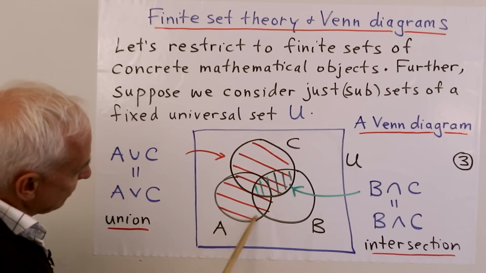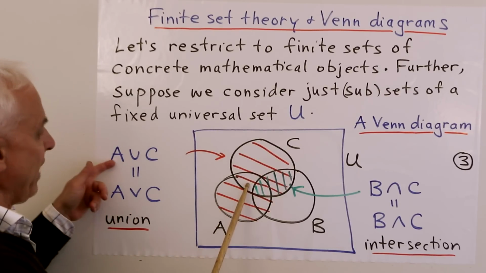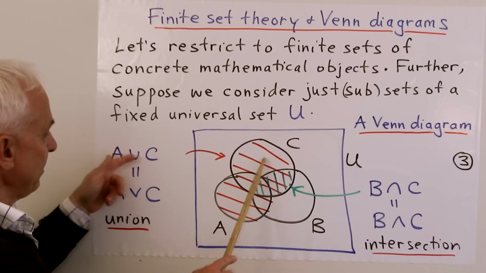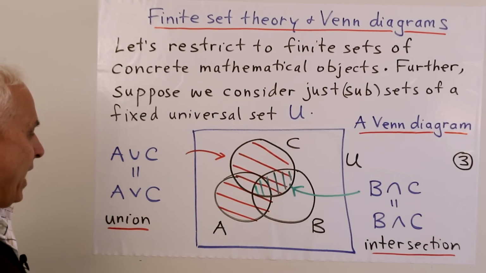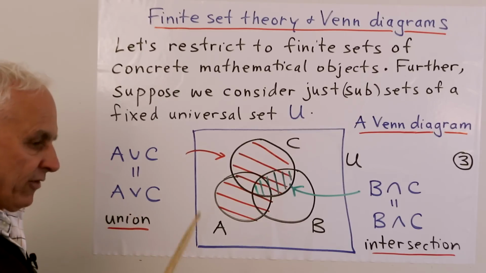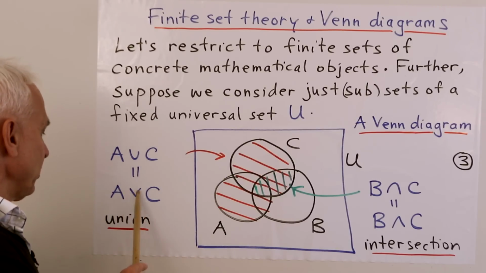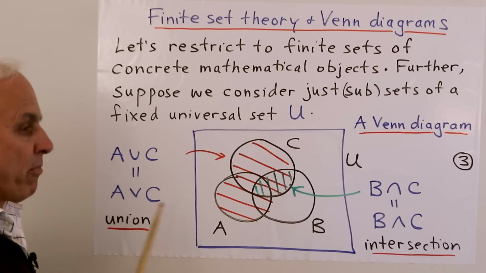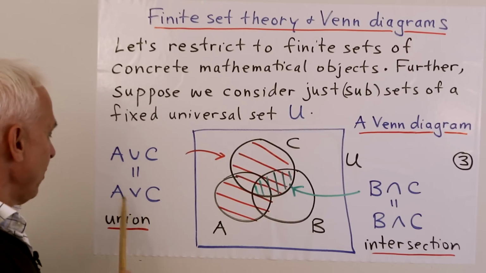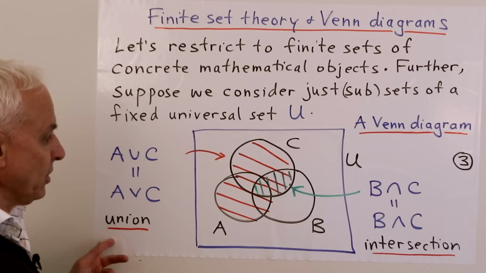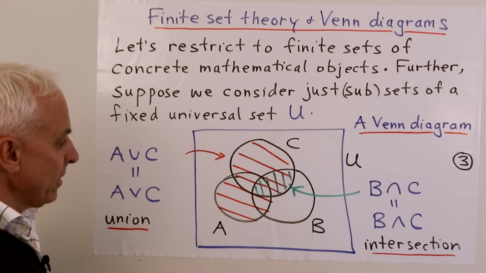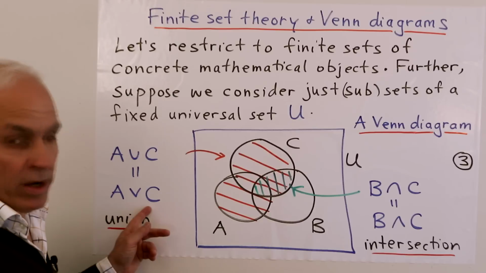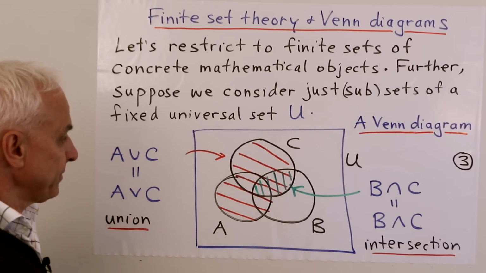Well, in red, you see the union of A and C, A union C. And in the Boolean algebra language, this union is replaced with a wedge. Okay, that's like an operation. A wedge C there. That's the union. And maybe we could also say join, right? We're joining the two sets.